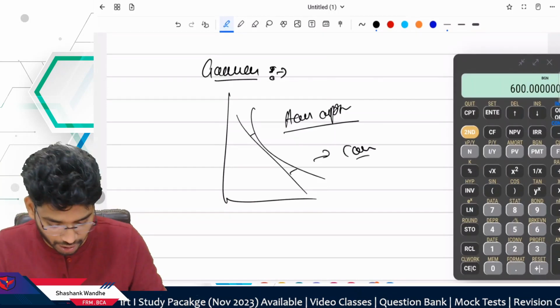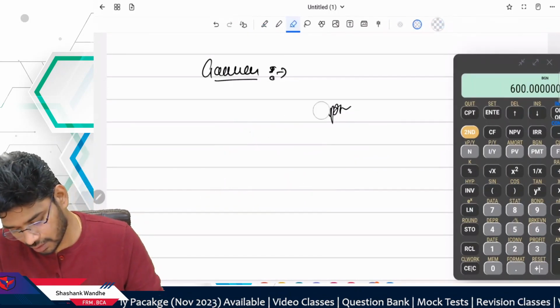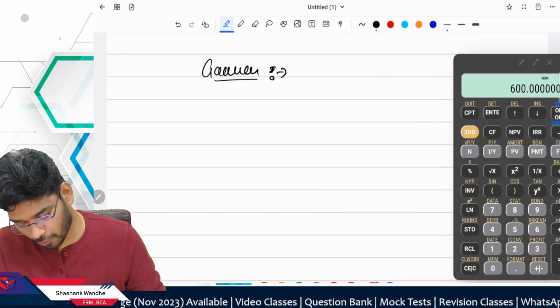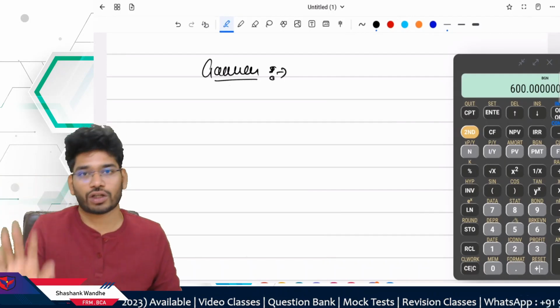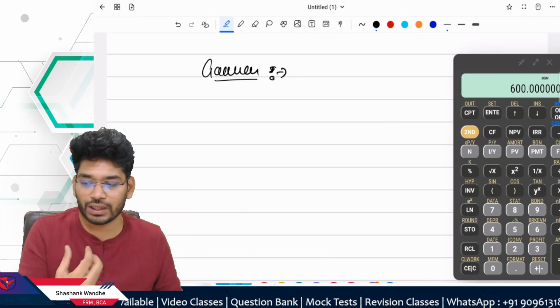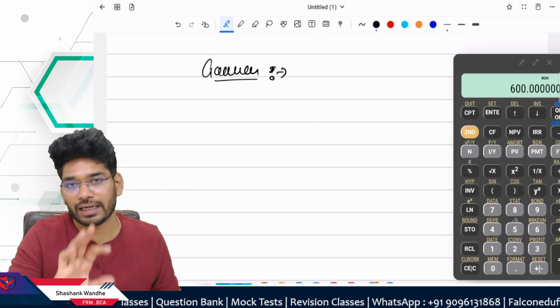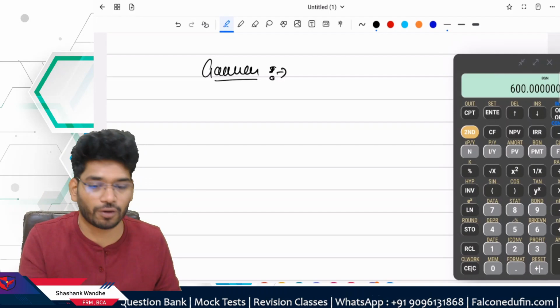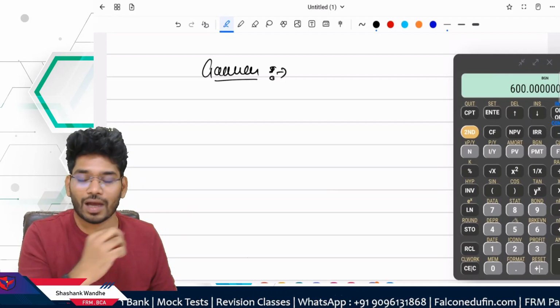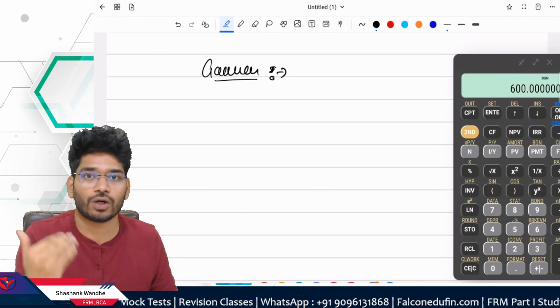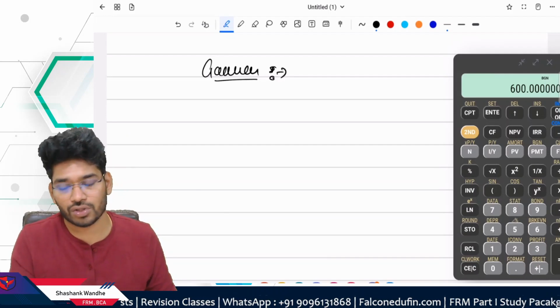We are capturing the curve. The properly hedged portfolio is the delta gamma neutral portfolio. If you want to neutralize the portfolio, or reduce or completely eliminate the sensitivity of your option portfolio with respect to its underlying, then you have to make the portfolio delta gamma neutral. Both neutralities should be there.